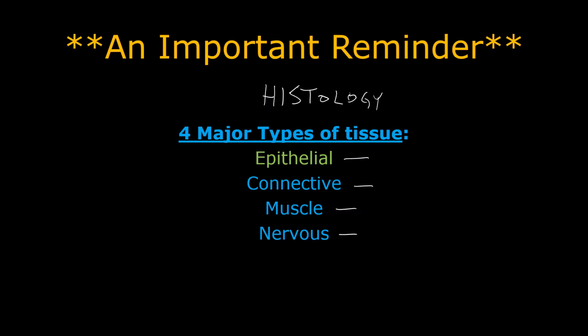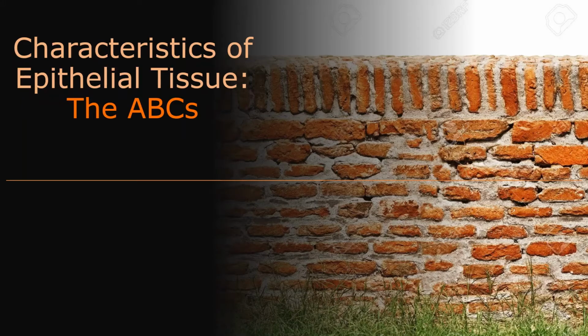tissues in detail. One of the tricks that I always teach my students is to learn the ABCs of epithelial tissue. And the problem is when students start first looking at tissue slides, and there are so many of them to learn, they all kind of look the same.